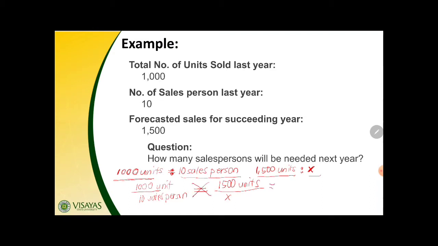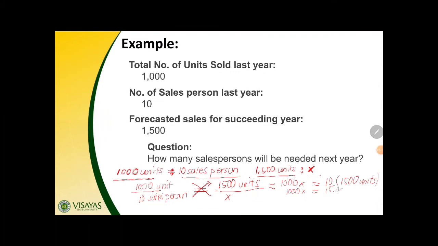So it becomes 1,000 times x, so 1,000x equals 10 times 1,500 units. The answer there is 1,000x equals 15,000.